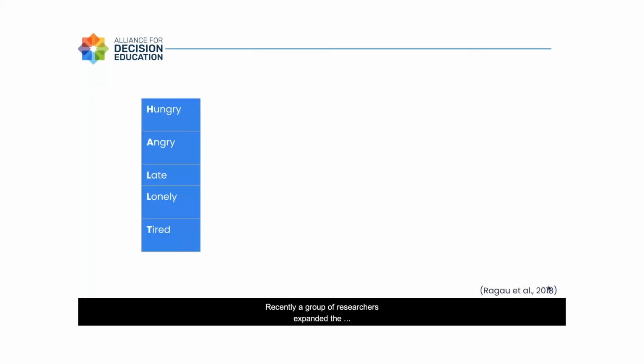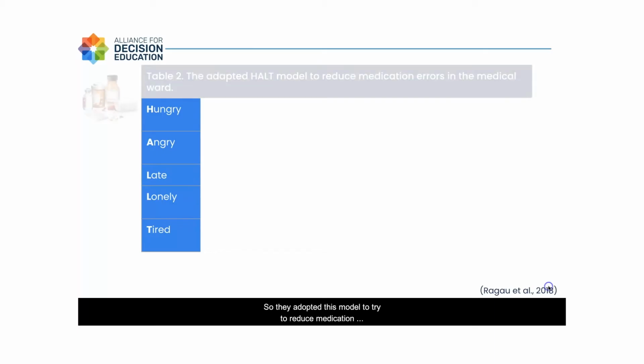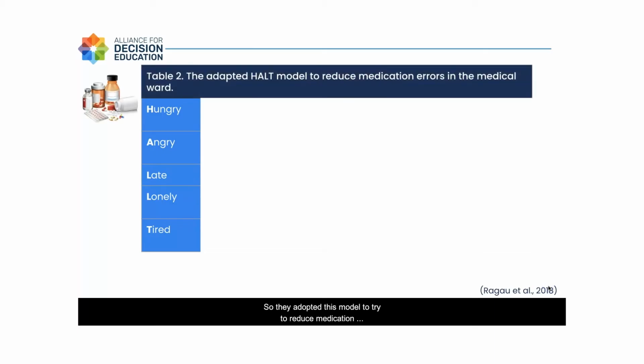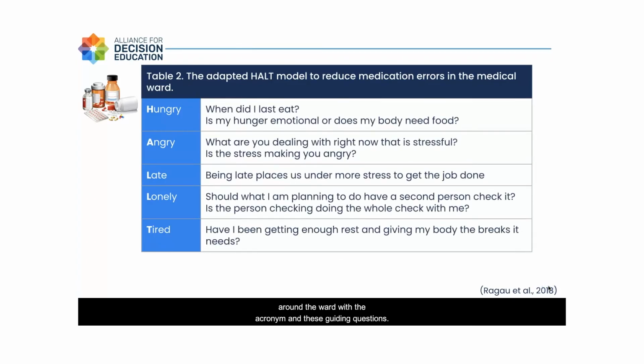Recently, a group of researchers expanded the HALT model. They added an extra L for late to try to see if they could reduce mistakes in a hospital setting. So they adopted this model to try to reduce medication errors in a medical ward where incidences of assigning the wrong medication was quite high. So as part of the intervention, they taught the medical staff about the HALT model first, and then they put posters all around the ward with the acronym and these guiding questions.